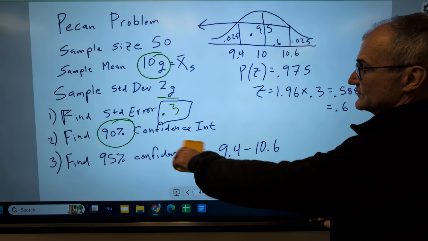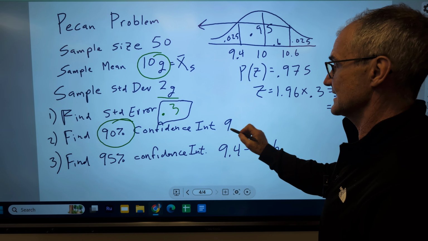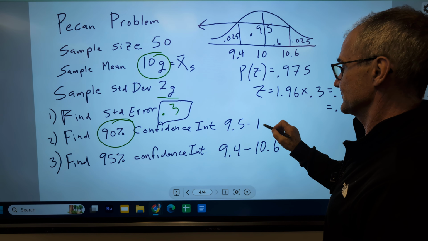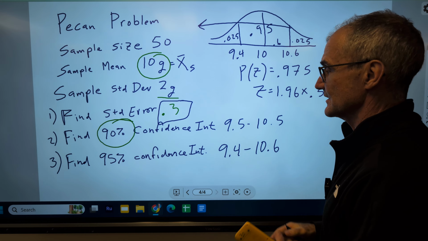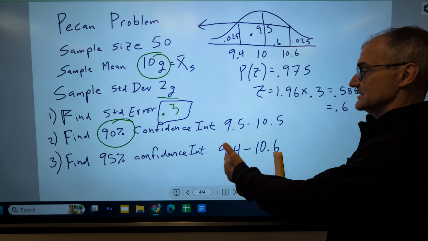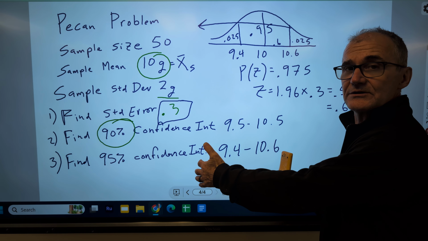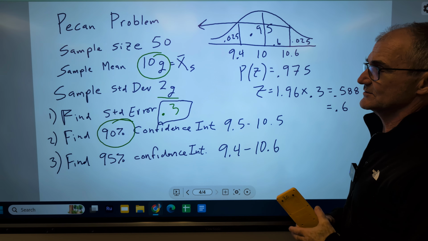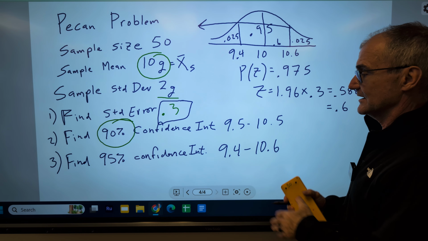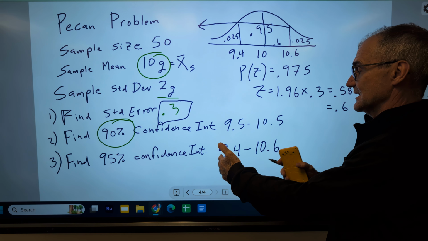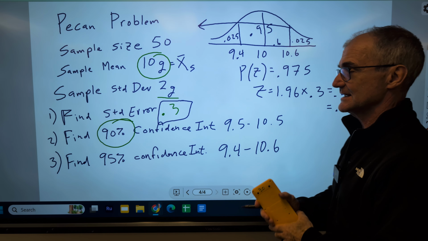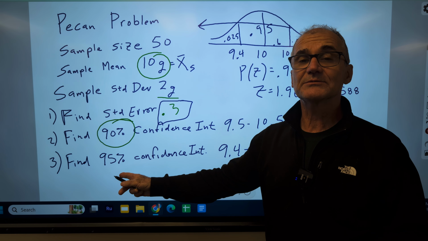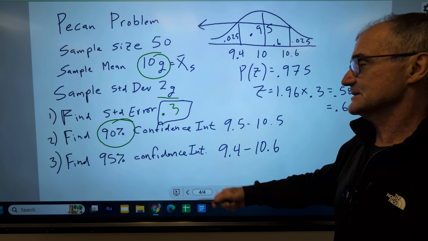Our first answer for 90% confidence was 9.5 to 10.5. So you can see these confidence intervals are going to get bigger and bigger as the probabilities get higher and higher. So the likelihood of the average weight being between 9.4 and 10.6 is 95% probable, which is a confidence interval.